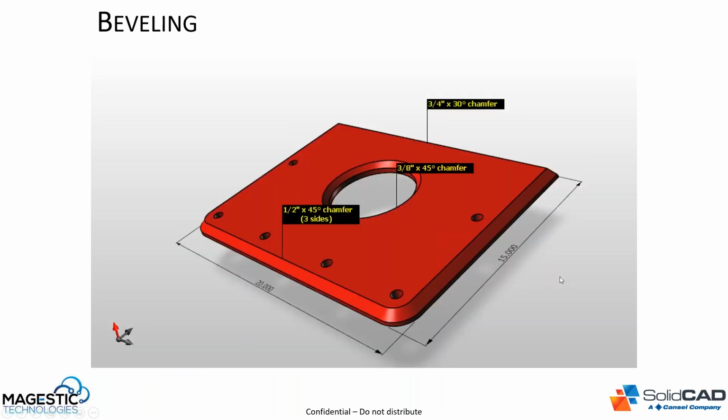And then lastly, if your machine has the capability to bevel as well, we support beveling from your CAD solution as well. What we do is we attribute some of the edges with the different bevel types, whether it's a K bevel or just a standard angle bevel with a land, things like that. We'll attribute each of the edges that have these different types of bevels, and that'll go through the entire nesting process and down through the NC code.